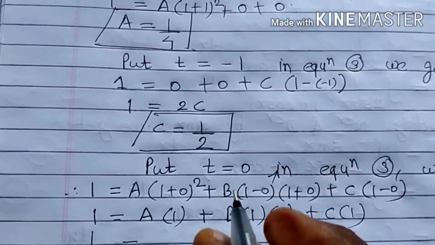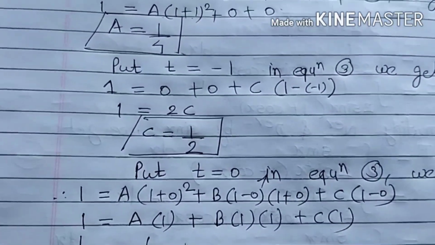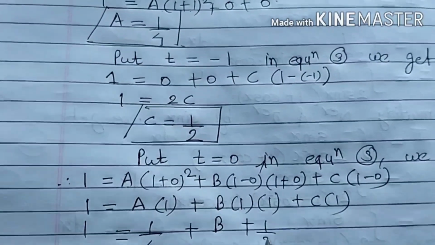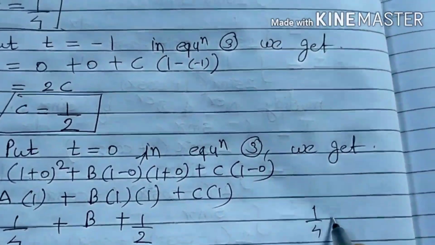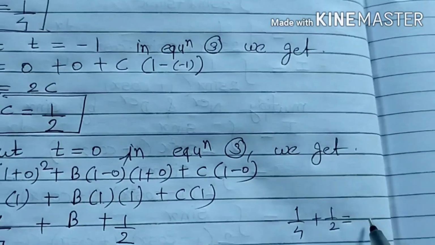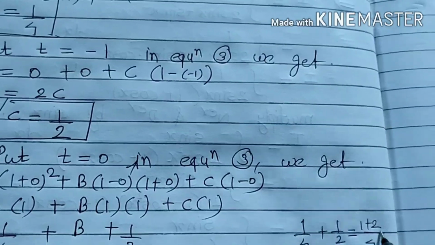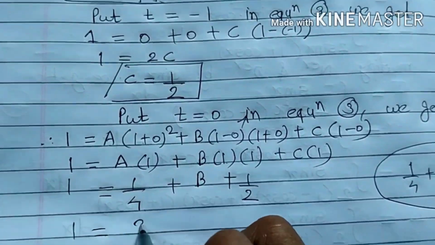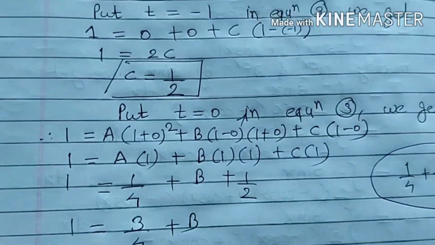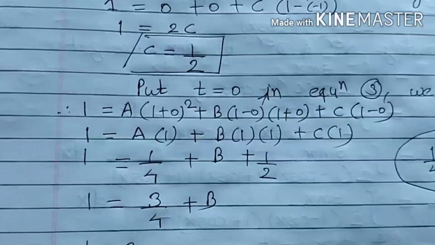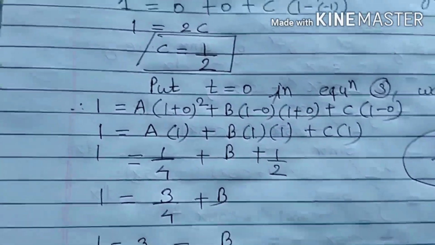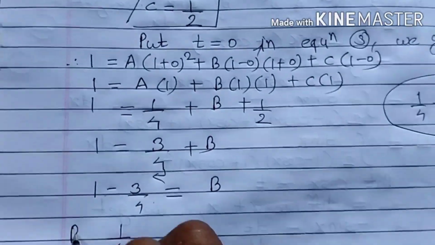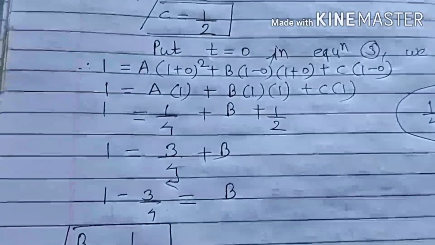Now put the values of a, 1 by 4, plus b, and the value of c is 1 by 2. So 1 by 4 plus 1 by 2, which is equal to (1 plus 2) upon 4, so it is 3 upon 4. Therefore 1 is equal to 3 upon 4 plus b, so 1 minus 3 by 4 is equal to b. This is 4 minus 3, 1 by 4, b is equal to 1 by 4.